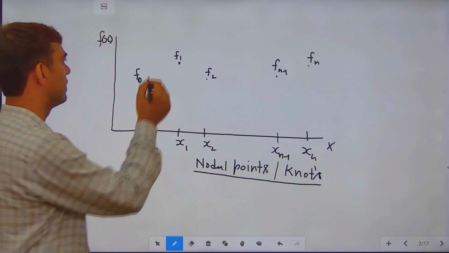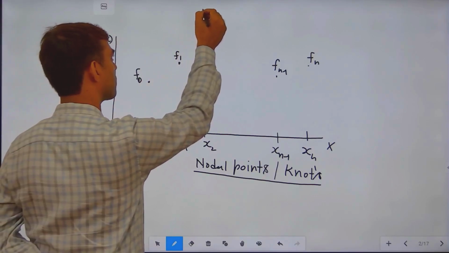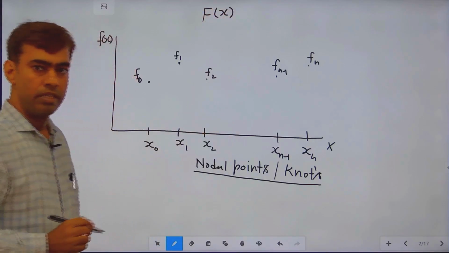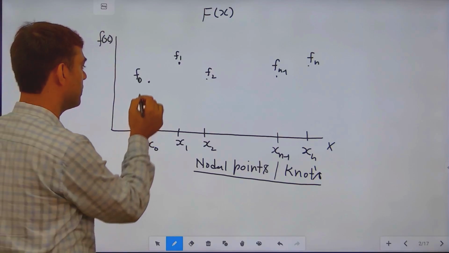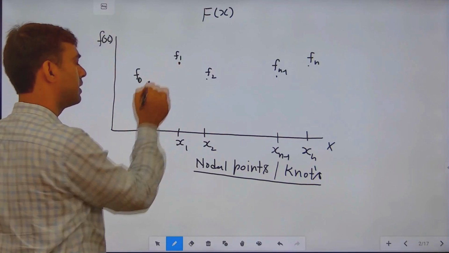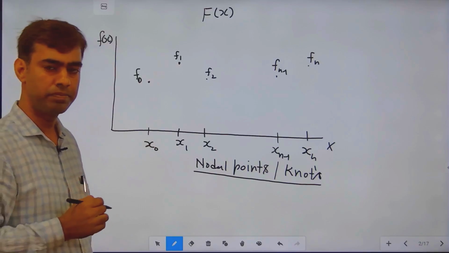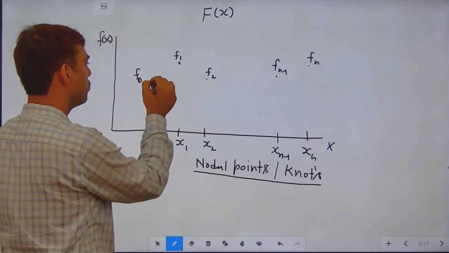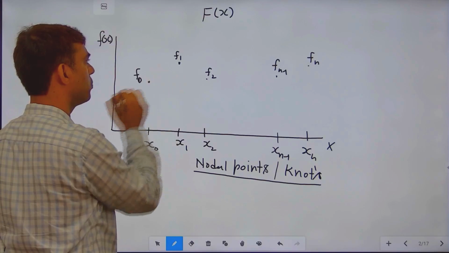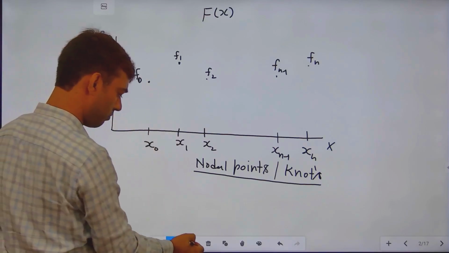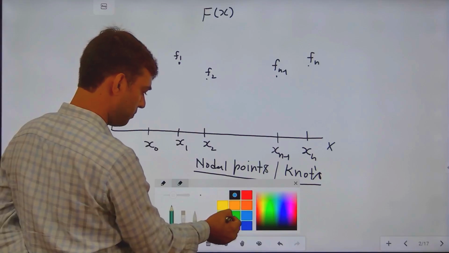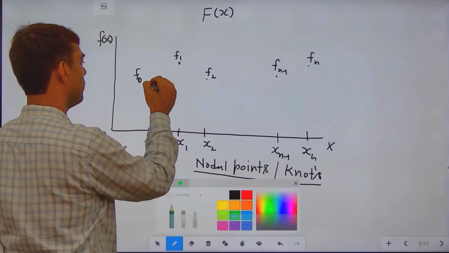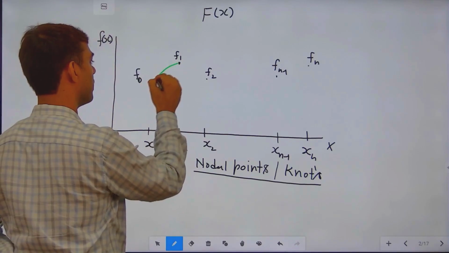Suppose we fit a spline f(x). If we try to fit a linear spline interpolation, there is a need to fit a polynomial of degree 1 between f0 to f1.